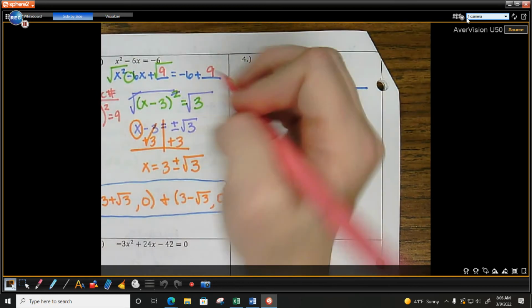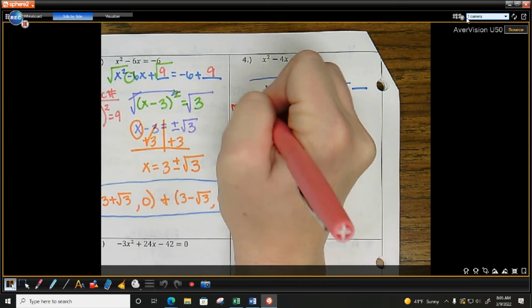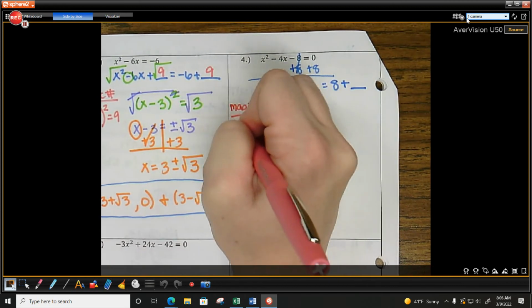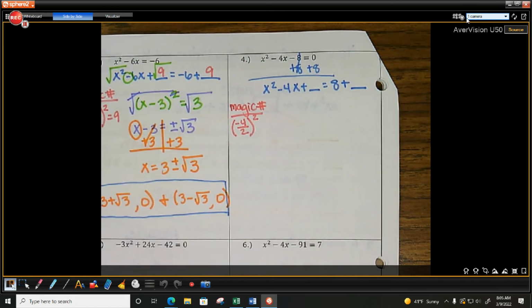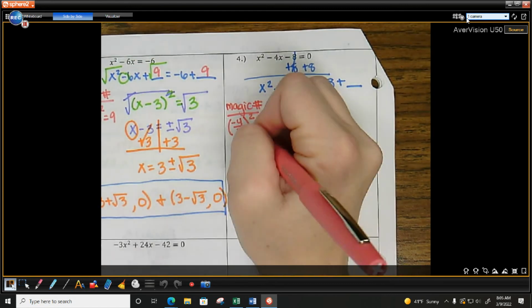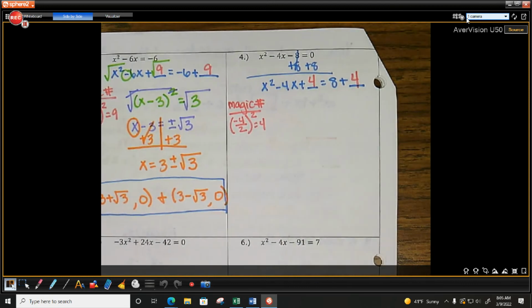Your magic number is b, which is negative 4 over 2 squared. What's negative 4 over 2, squared? Positive 4. Very good. So we get 4. 4 is our magic number. Told you it wasn't always going to be 9. It just so happens that the first 3 were 9. Okay? So what do we do next?